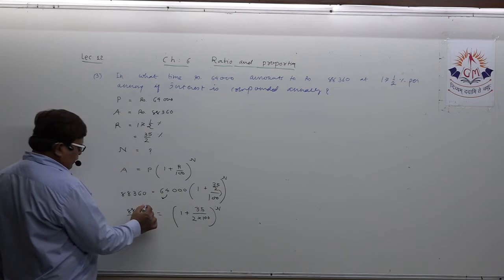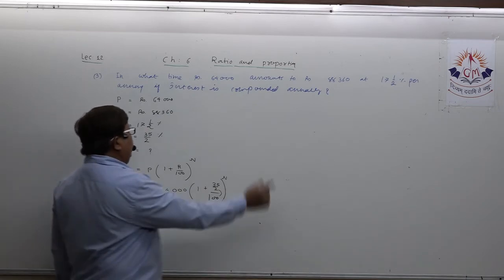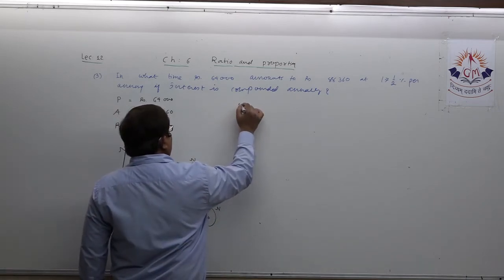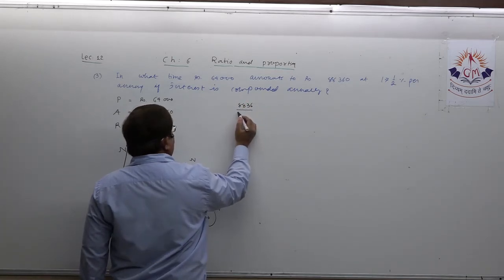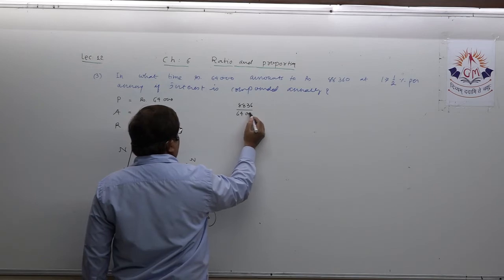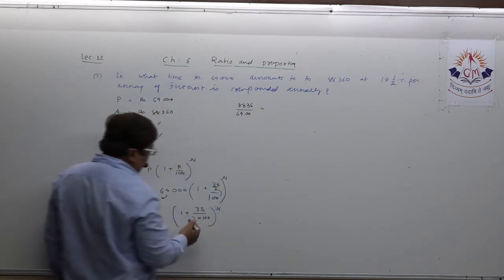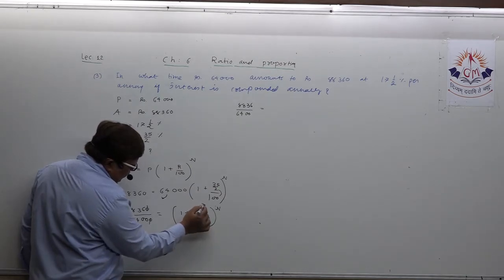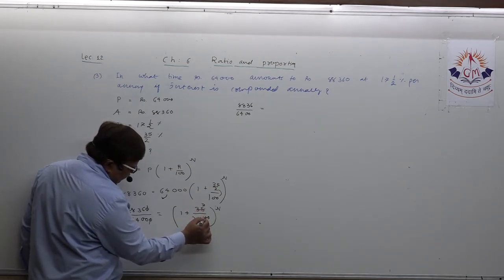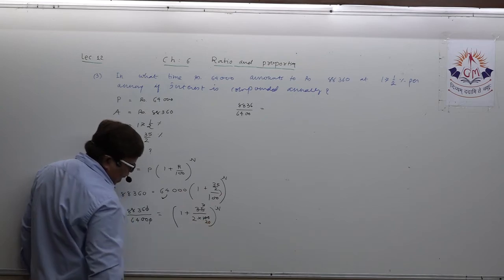Next step, the zeros can get cancelled here. So 8836 upon 6400 equals, whatever cancellation is possible, 5 times 7 and 5 times 20.